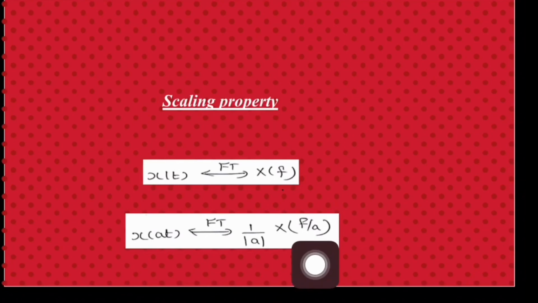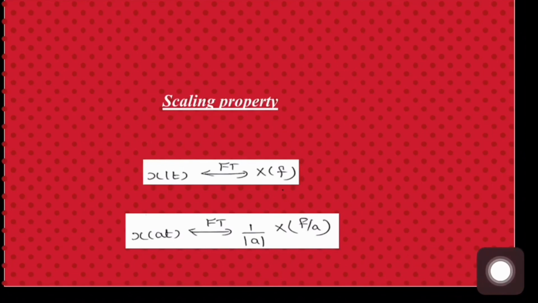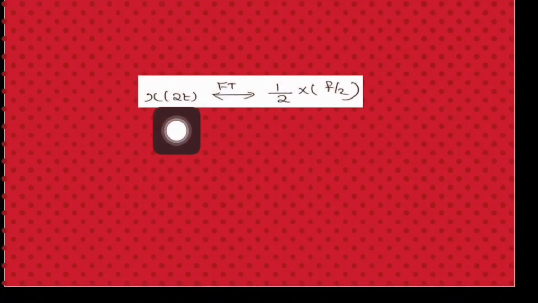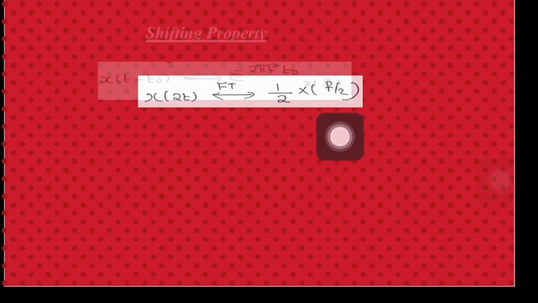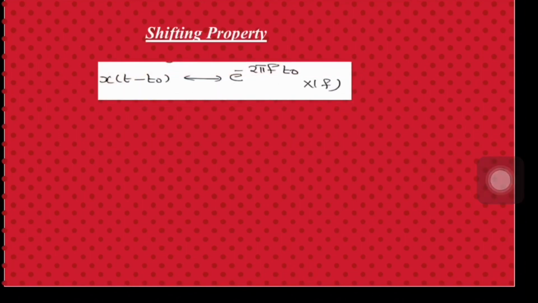In other words, if x of t and X of f are Fourier transform pairs, then x of at and 1 by mod a X of f by a are also Fourier transform pairs. Based on this, we can write the Fourier transform of x of 2t as 1 by 2 X of f by 2. Got it? Let me now take you to the shifting property of Fourier transforms.